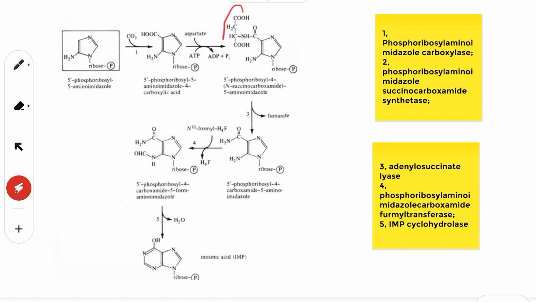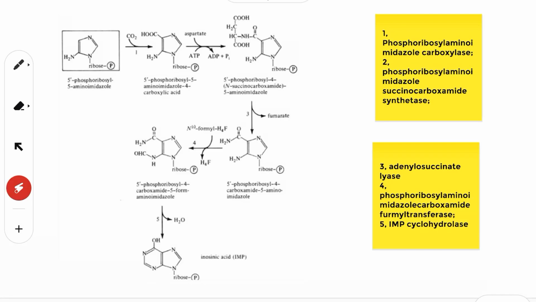The fumaric acid is removed from this molecule, and these reactions are catalyzed by the enzymes phosphoribosyl amino imidazole succinocarboxamide synthetase, and then adenylosuccinate lyase. So adenylosuccinate lyase catalyzes the conversion of 5-phosphoribosyl 4-N-succinocarboxamide 5-amino imidazole to 5-phosphoribosyl 4-carboxamide 5-amino imidazole.